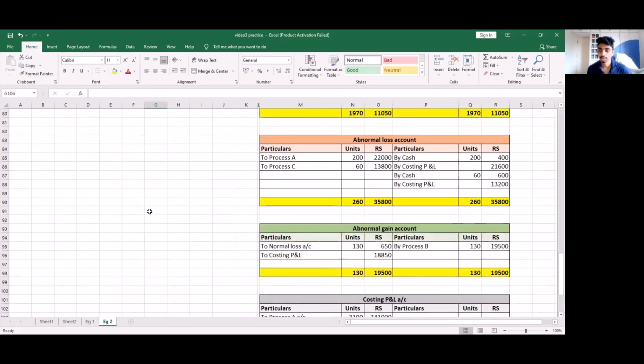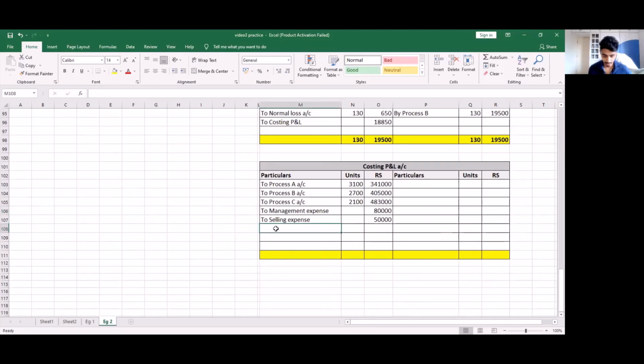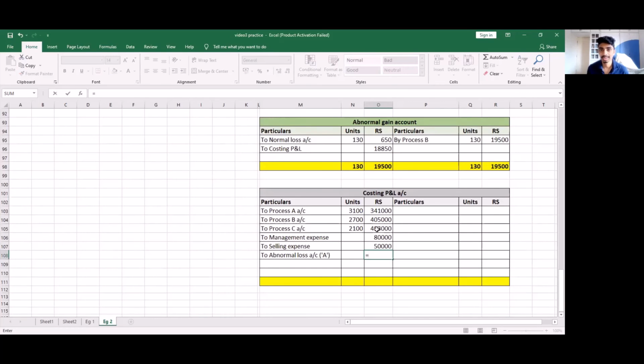Next, from our abnormal loss account, we have by costing P&L account for process A, and we also have by costing P&L account for process C. So I'm going to mention these as to abnormal loss account, and I'm going to mention it separately for process A and process C. But you can add these values also, but here I'm going to mention them separately so that it is better understood.